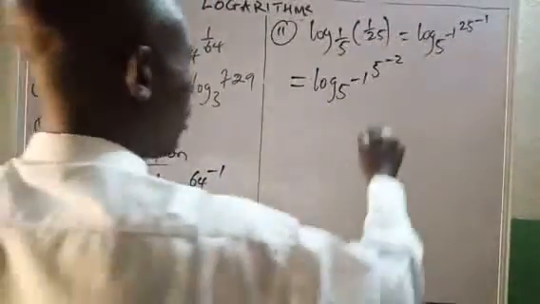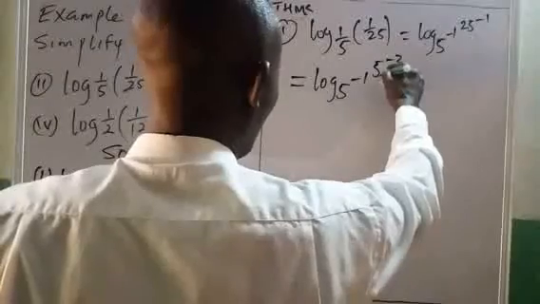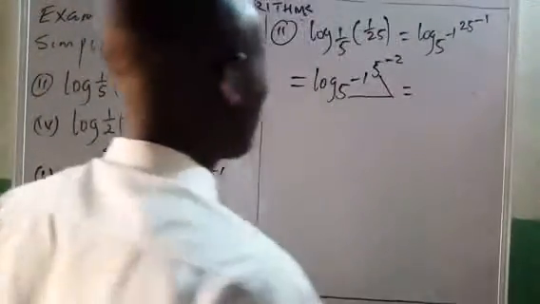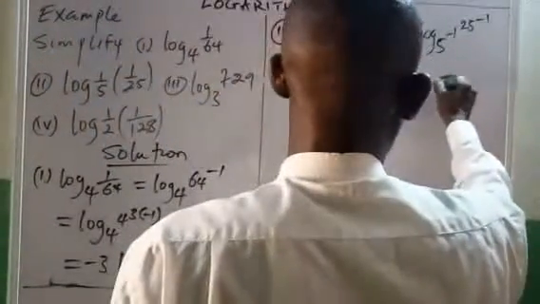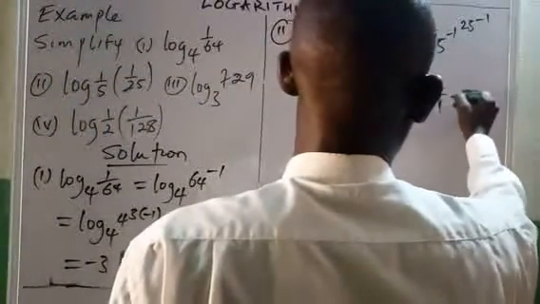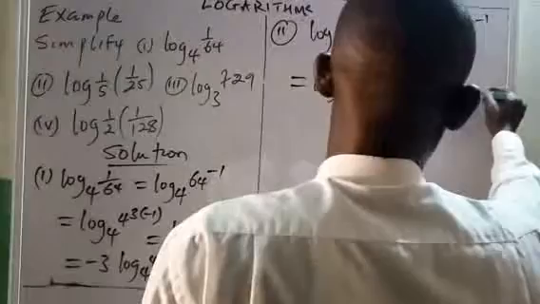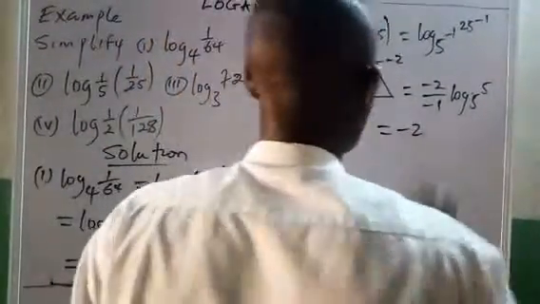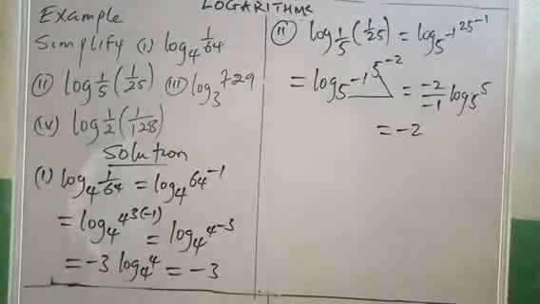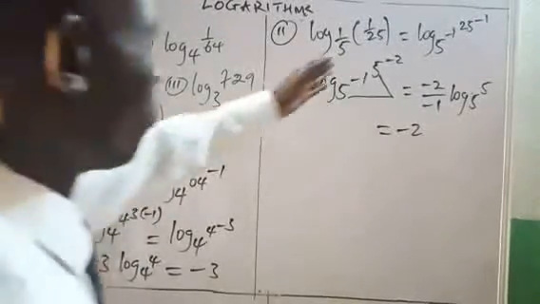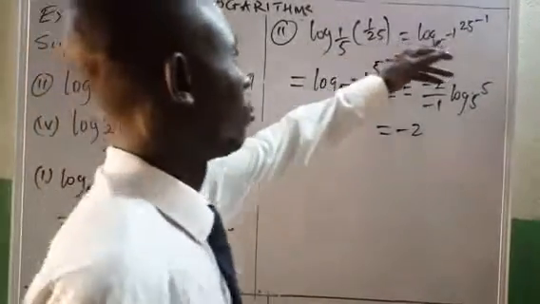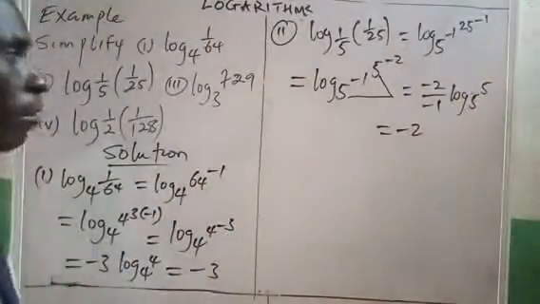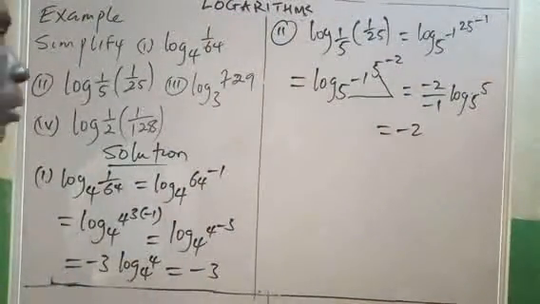So remember what I told you the other time. If you pair it together, you now have minus 2 over minus 1 log 5 of 5. So your final answer is 2. 25 is 5 raised to the power of 2.